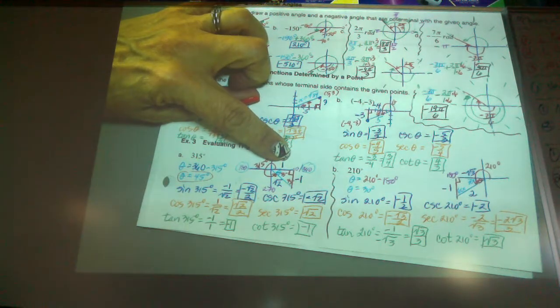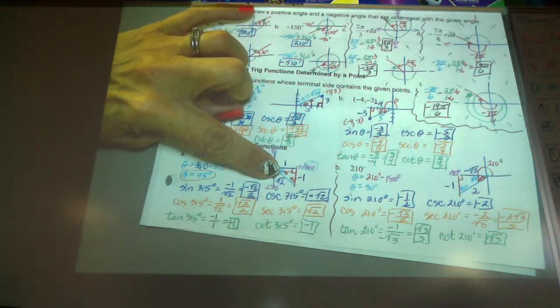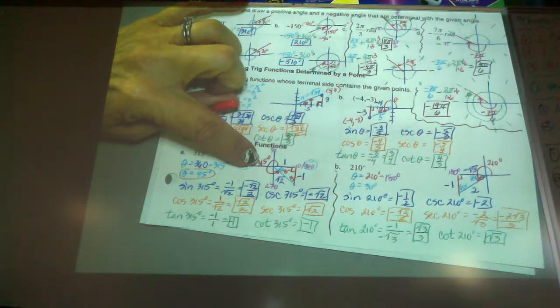Now, if you're checking it on your calculator, your calculator does not know what quadrant your reference angle is in. Now I will say that there's a difference between putting in 315 degrees in your calculator versus 45 degrees. If I put 315 degrees in my calculator, it knows that that's in quadrant 4.